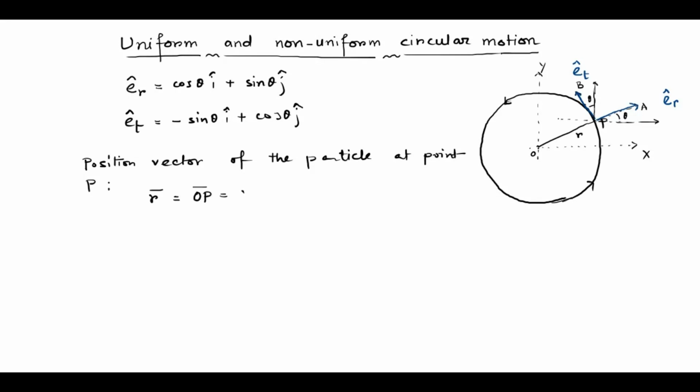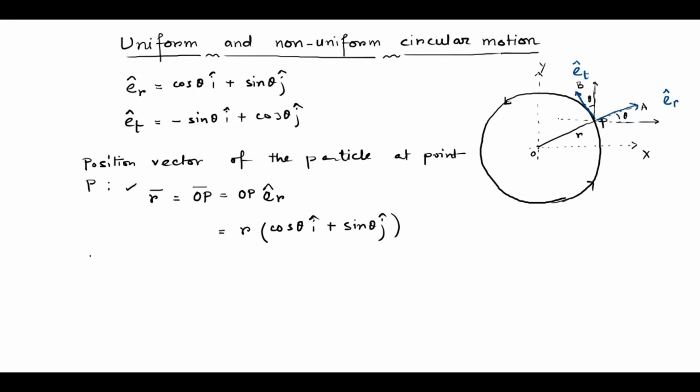OP vector is the magnitude of OP and the direction along the radius. So OP is our radius and ER is cos theta i hat plus sin theta j hat. Thus I calculate the position vector R.